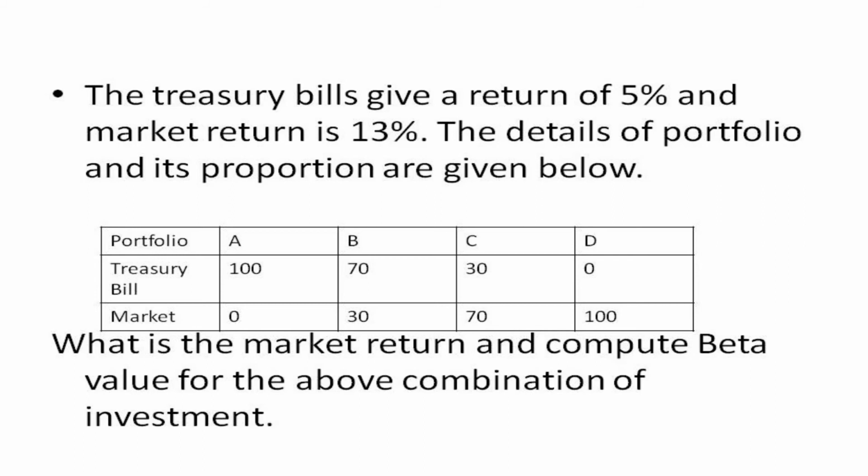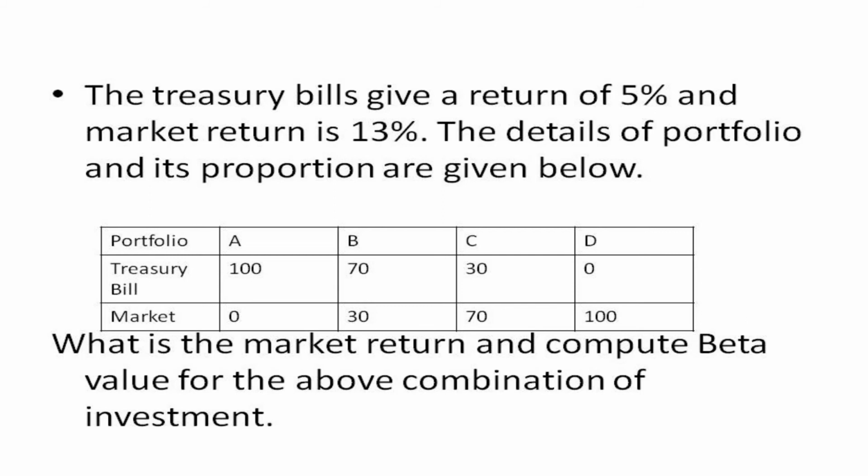Next, moving on to another type of question. They have not asked this in the question paper, but this time they may ask you. It is the same beta calculation. The treasury bills give a return of 5% and the market return is 13%. The details of the portfolios and their proportions are given below in a table.